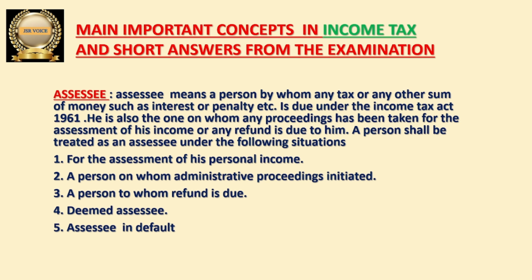So even if he earns income he should not pay tax directly to the income tax department. On behalf of the minor, another person should pay. So the person or the assessee who takes responsibility for paying tax on behalf of any minor, we can call that person a deemed assessee.